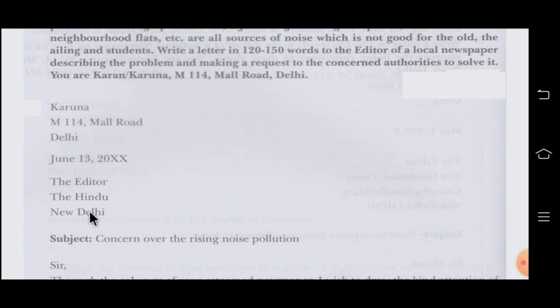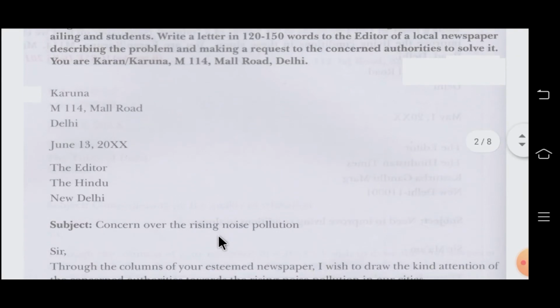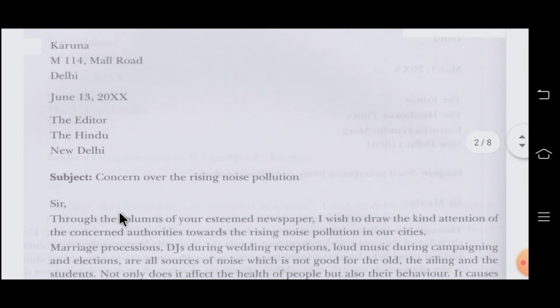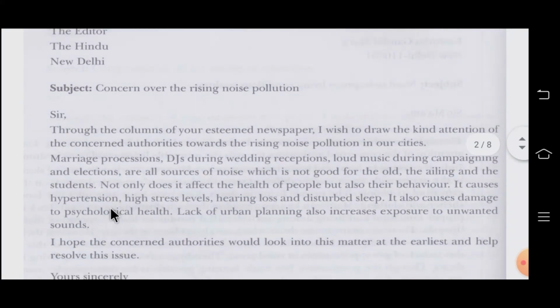The subject: Concern over rising noise pollution. This subject must be clear and eye catching. Then salutation and start your letter. Through the columns of your esteemed newspaper, I wish to draw the kind attention of the concerned authorities towards the rising noise pollution in our cities.